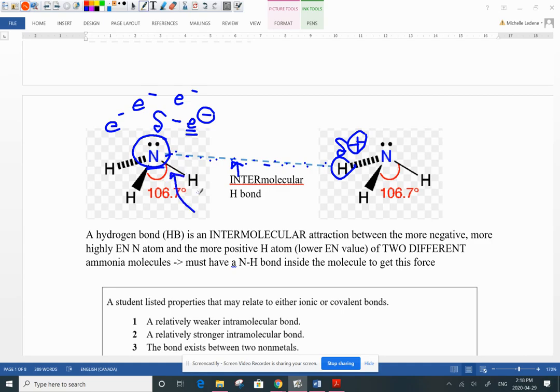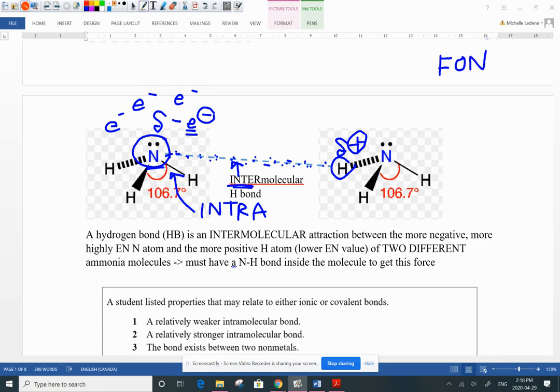So this guy here is an intramolecular force, inside of or within a molecule. This force that attracts two molecules together is intermolecular, and that is a hydrogen bond. So maybe the confusion came about because I said that for there to be a hydrogen bond, molecules have to have FON.